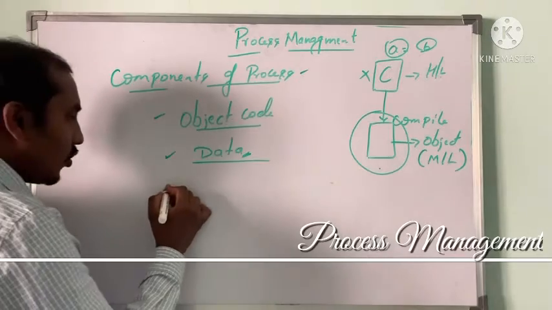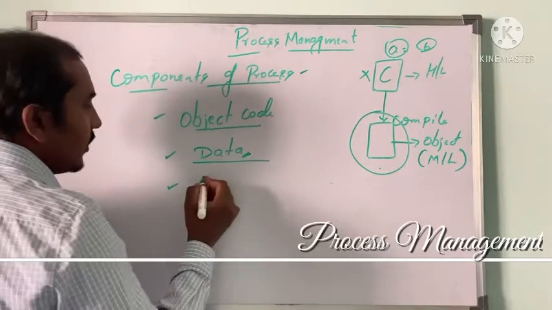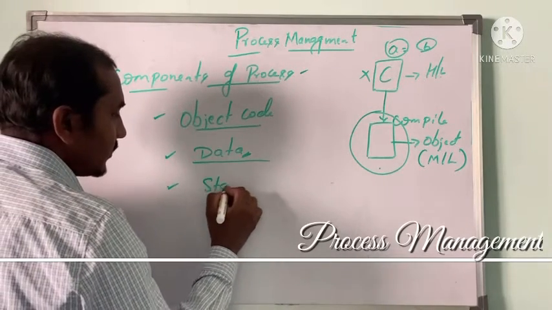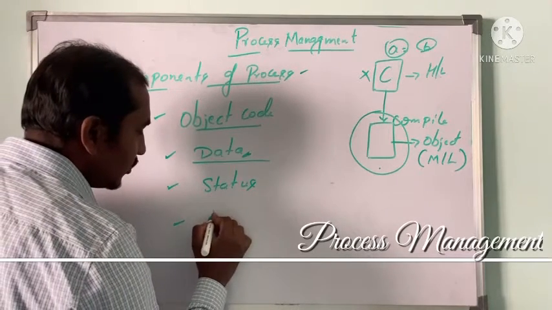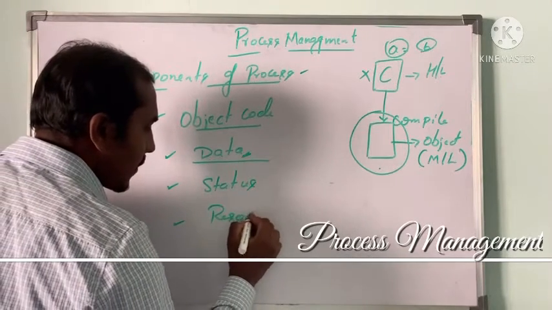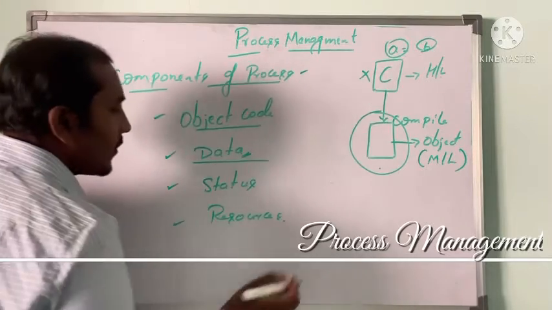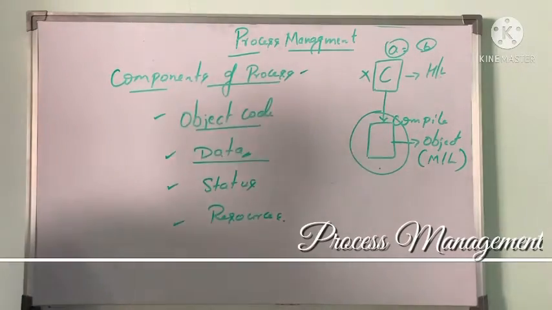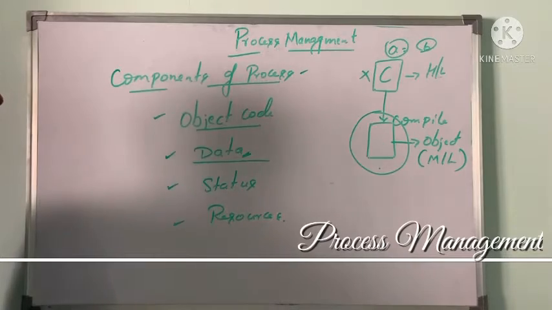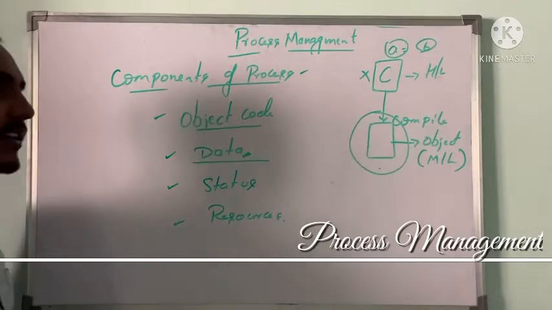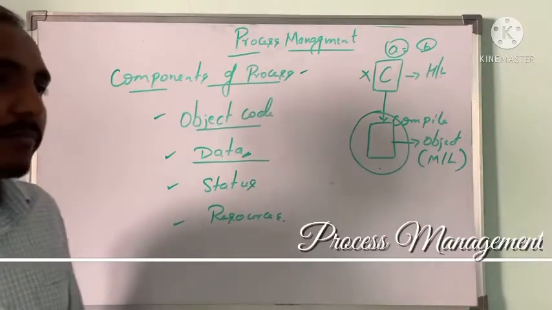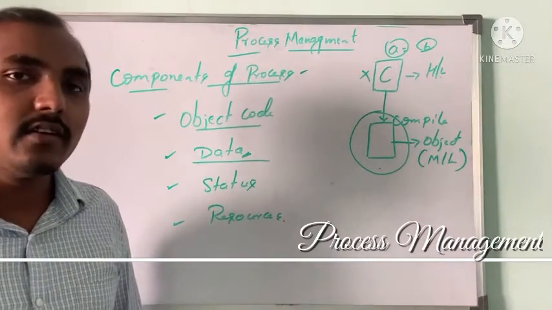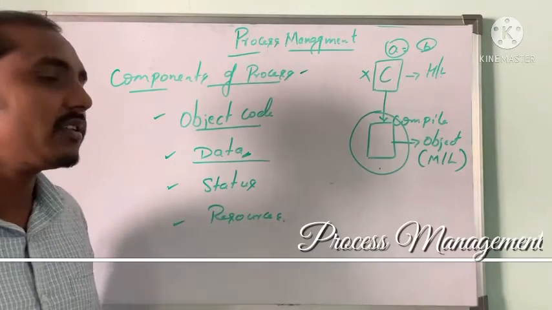And the third component you are going to have is status. And the fourth component will be resources. So what is status? It is going to represent, once a process is created, the several states of that process: whether the process is executing, whether the process is waiting, or whether the process is doing some other function.